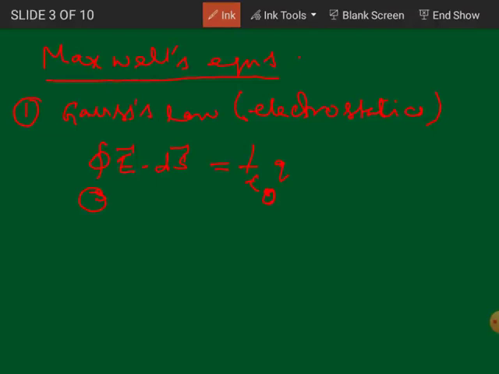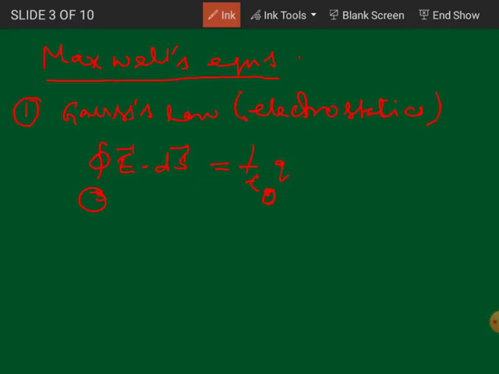This equation gives the electric field due to a discrete charge or a certain charge distribution, and tells that the electric line of force starts from the positive charge and ends at the negative charge. The electric lines of force do not form a continuous closed path.